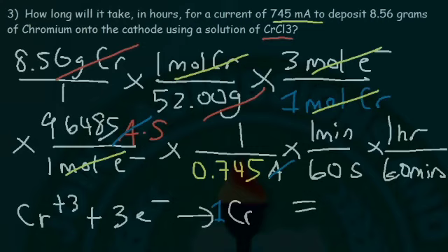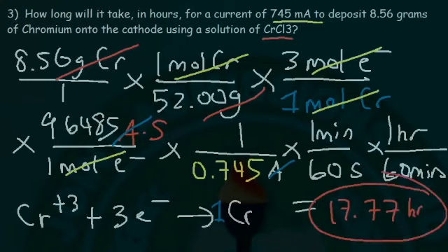So the answer that you should have is about 17.77 hours. That's how long it's going to take to deposit 8.56 grams of chromium if we use a small current of 0.745 amps.